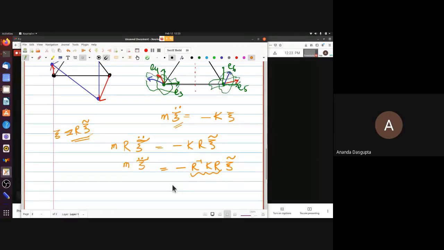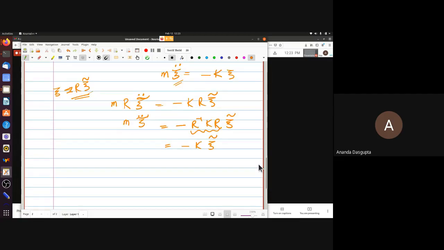Exactly. You expect the same equation if you have a symmetry in such a way that you should not be able to distinguish between xi and xi tilde. As far as observations are concerned, the spring constant matrix should stay the same. But what does that tell you about k and r? It tells you that r inverse kr must be equal to k, which means k must commute with r.